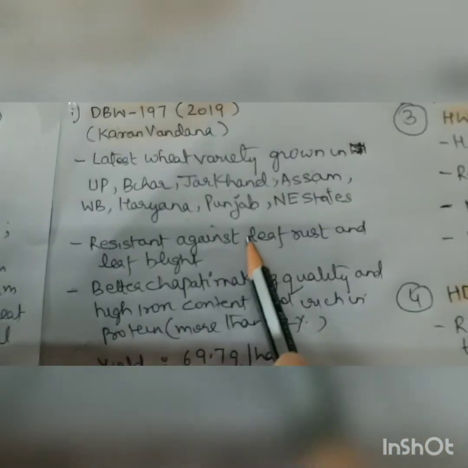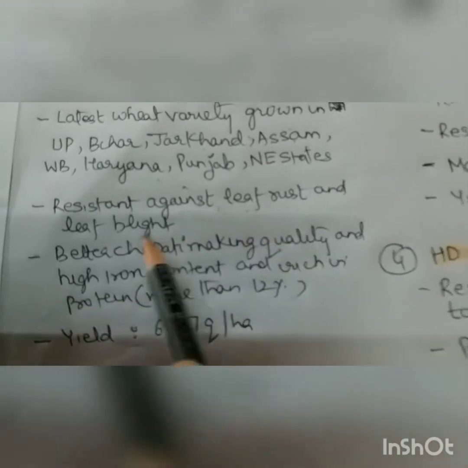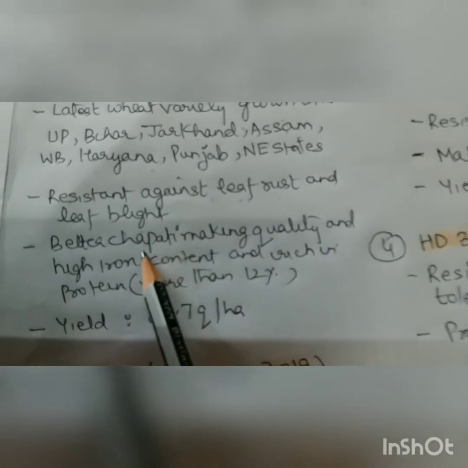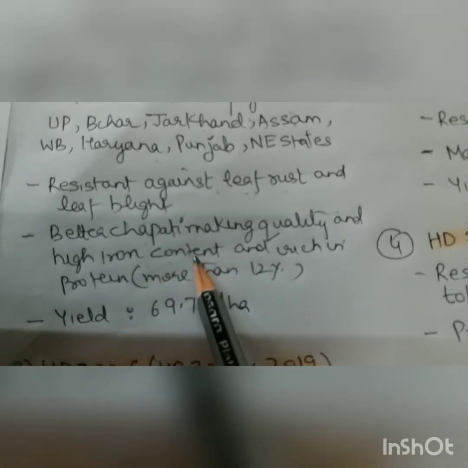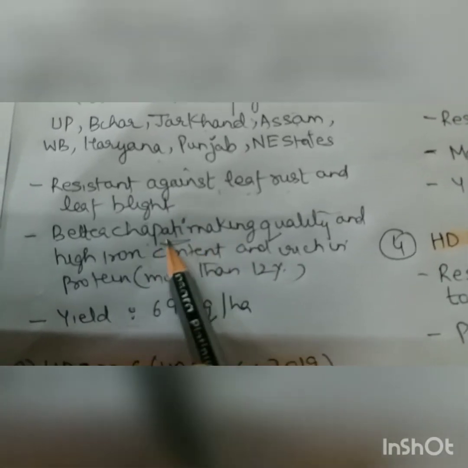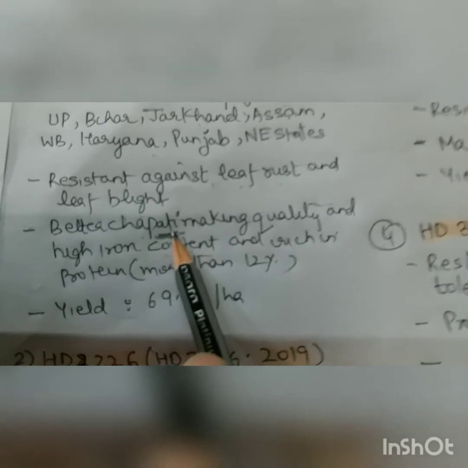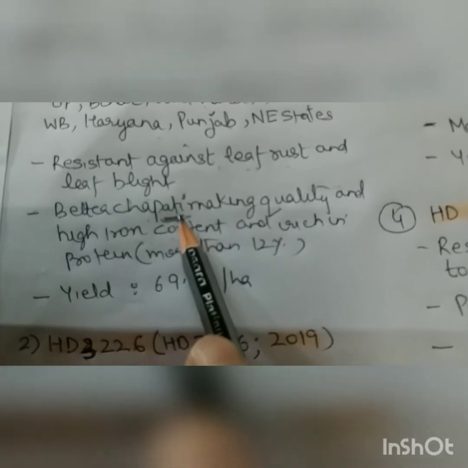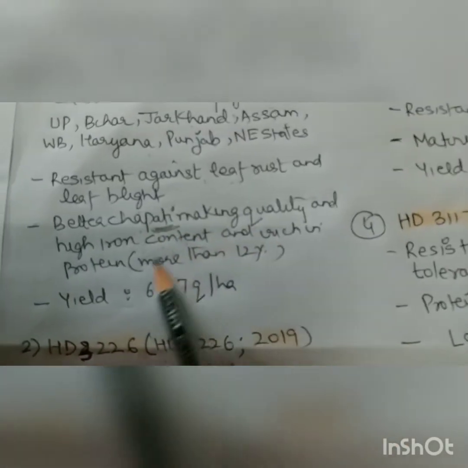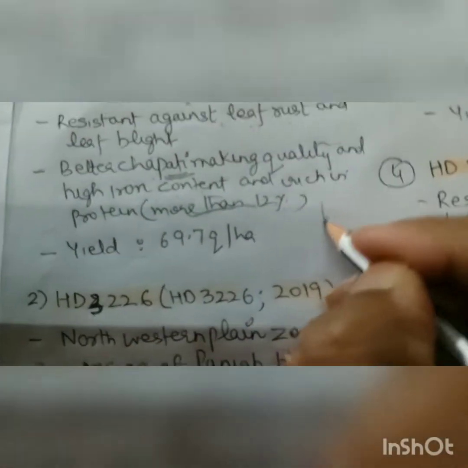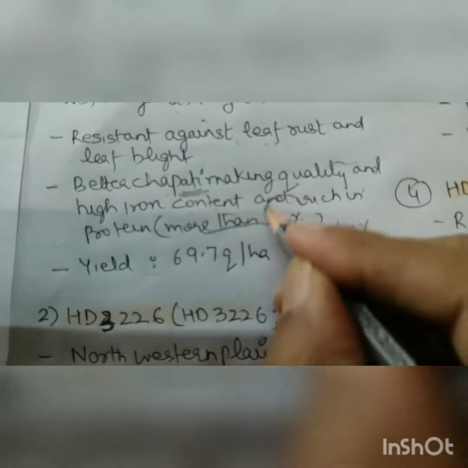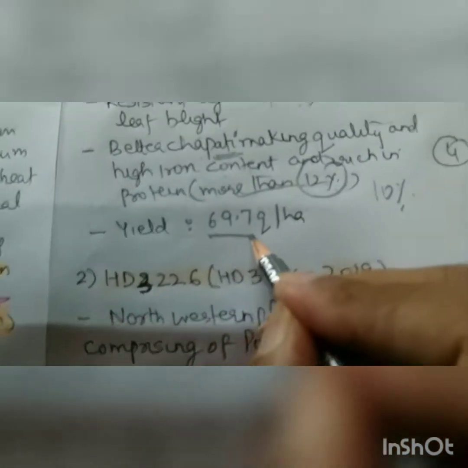This variety is resistant against leaf rust and leaf blight, has better chapati making quality, and high iron content. I'll tell you, when I do the economic importance, the chapati making quality of wheat is due to two proteins, gluten and gliadin, and it is rich in protein, more than 12%. Average normal varieties have around 10%, so it is 2% more, and the yield is 69.17.